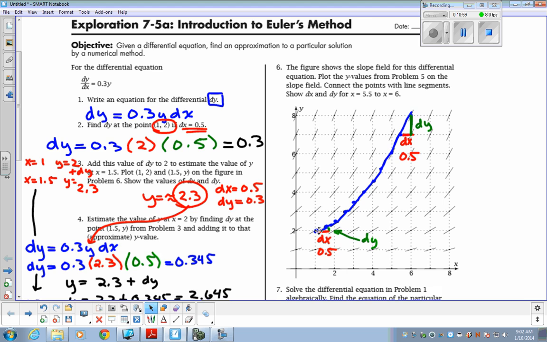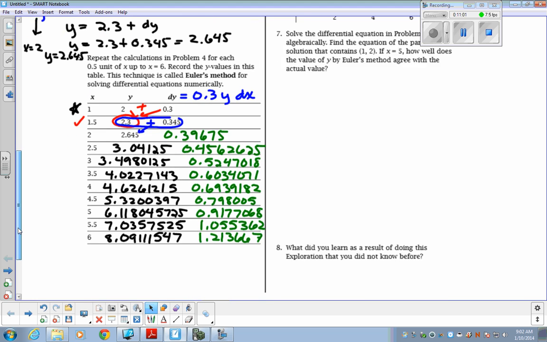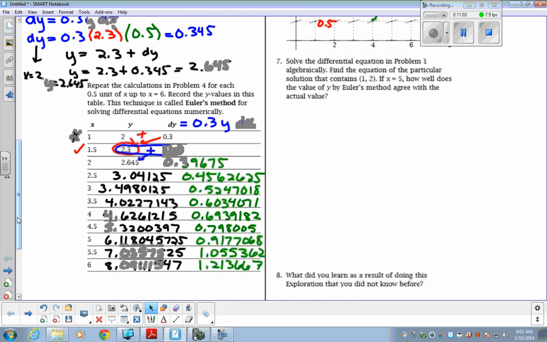So moving on to number 7. Number 7 says, okay, great. Now solve this differential equation algebraically, and then let's check to see how accurate our Euler's method is that we did for coming up with an actual solution at x is 5 versus what we get algebraically.